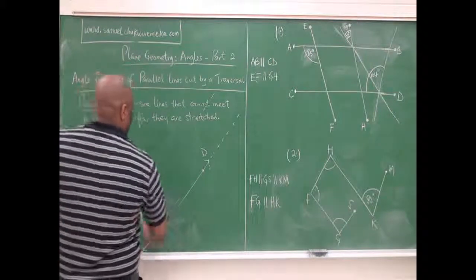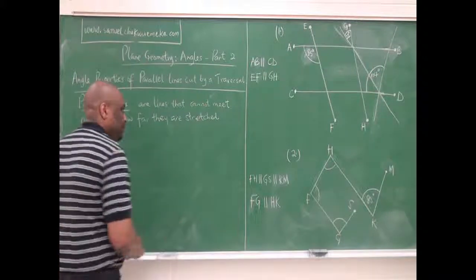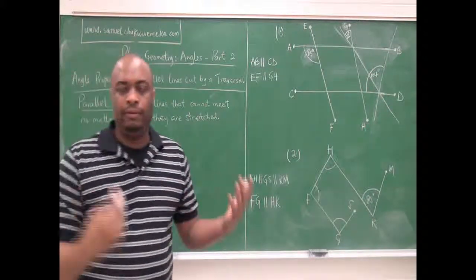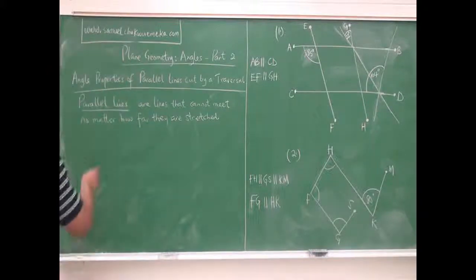Now, since parallel lines do not meet, that means the angle formed between parallel lines is 0.